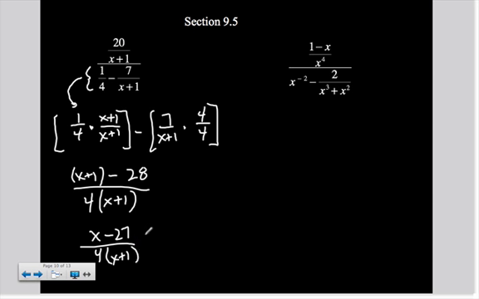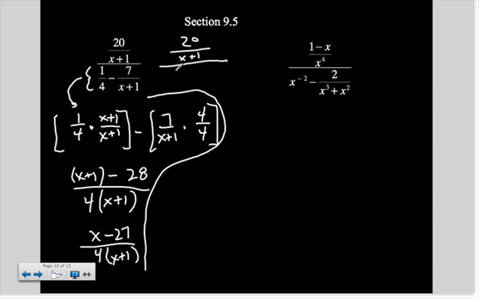Great. Now this is the fraction that's going to go here in the denominator of my complex fraction. And when I go through this, this was the first step. Now let's go on to the second step. I'm going to have 20 over x plus 1 divided by x minus 27 over 4 times x plus 1.